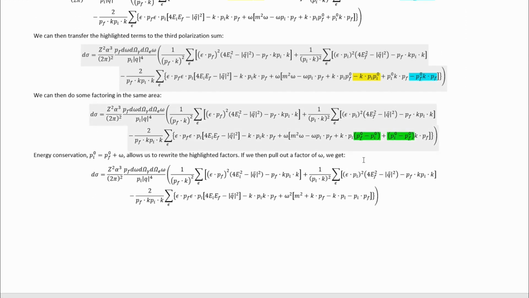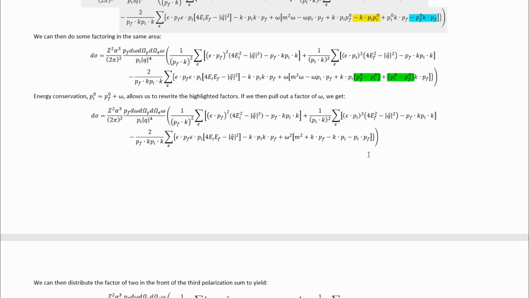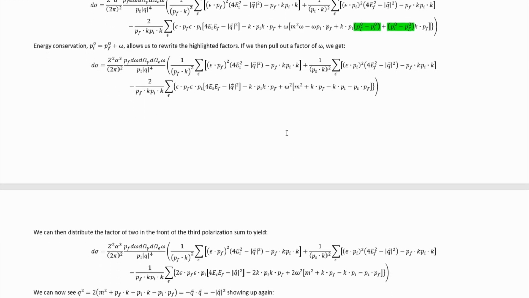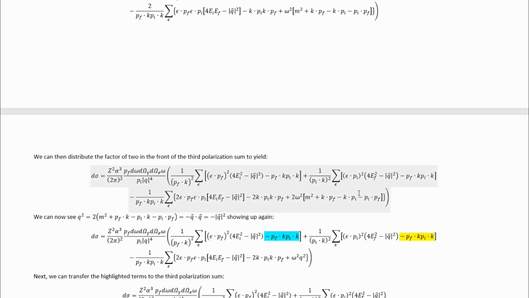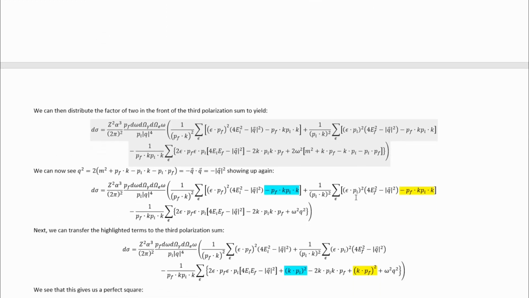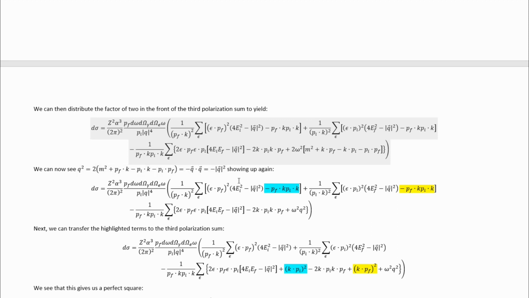Then we can use energy conservation to rewrite these in terms of omega, and then we can factor omega out. That gives us this, and we see something that looks a lot like negative q vector magnitude squared again, but we're missing a factor of 2. But we have one out here, so we can multiply that through, which gets us to this, and then we can substitute in negative q vector magnitude squared again, simplifying it all the way down to this.